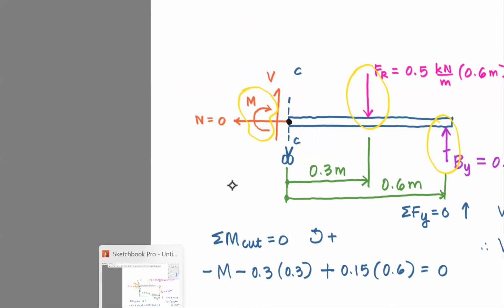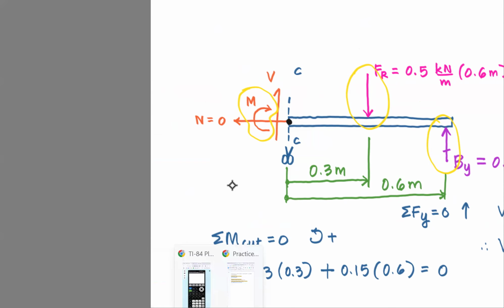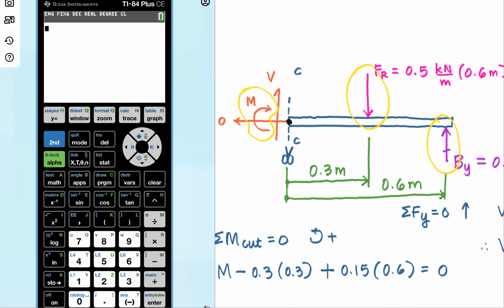You probably or maybe can do this one in your head, do it in the calculator just for illustration. So minus 0.3 times 0.3 plus 0.15 times 0.6. And I zero out. So those terms are equal and opposite already.